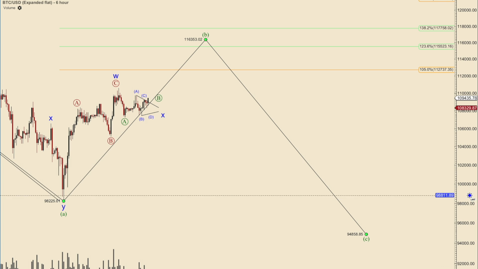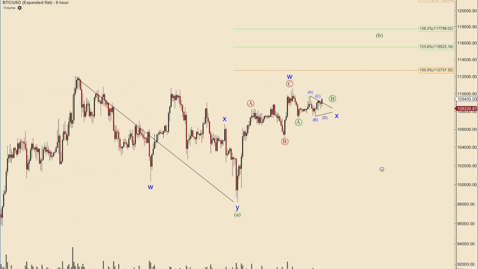It's very uncommon for wave C not to move beyond wave A, which is called a running flat, but we'll get to that later. So an expanded flat is the most common flat out of all flats in Elliott Wave.